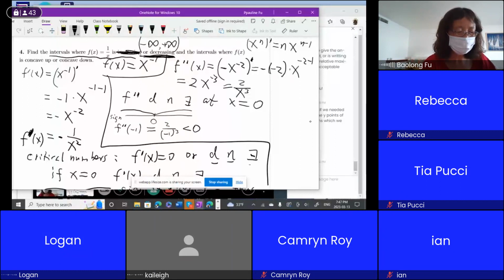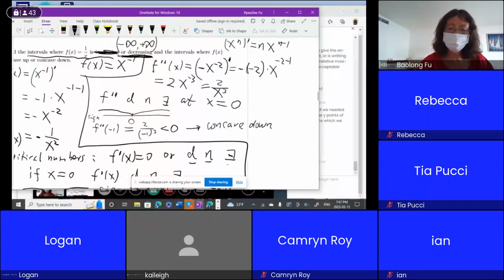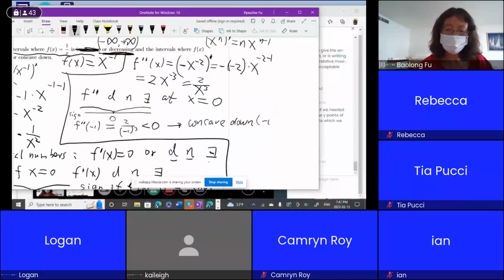When the second derivative is smaller than 0, it is negative, so concave down. Concave down at what interval? From negative infinity to 0. On this interval, concave down.